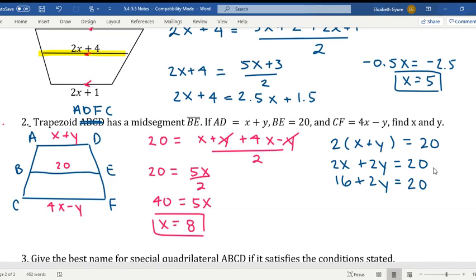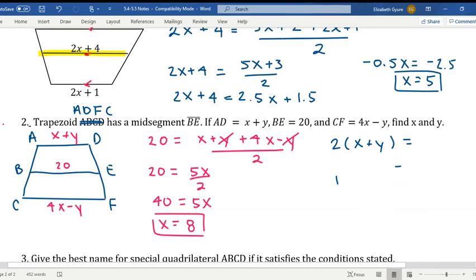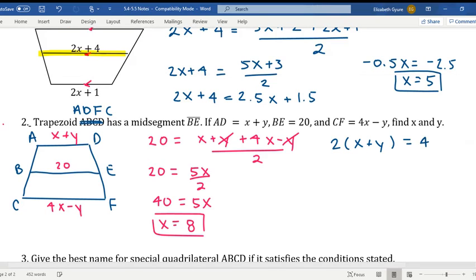Okay. Well, let's see how it works out. Because we should get 2. So let's see if we get 2. So you plugged 4x minus y in here, like that? Okay, so let's see.